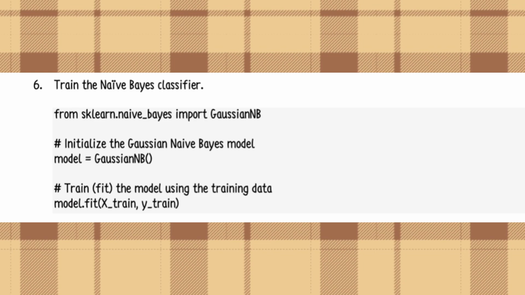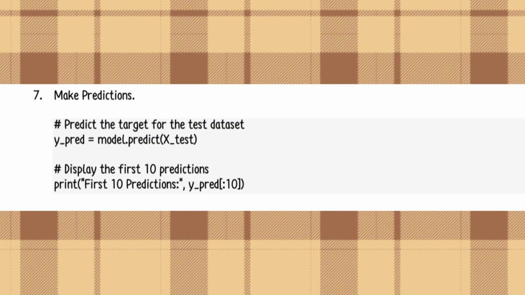After this fit step, the model object is now trained and can be used to make predictions on new, unseen data. In summary, this code snippet is performing the crucial step of making predictions using a trained machine learning model on new, unseen data, X_test, and then displaying the first 10 of these predictions, y_pred, to allow for a quick sanity check or initial review of the model's output.